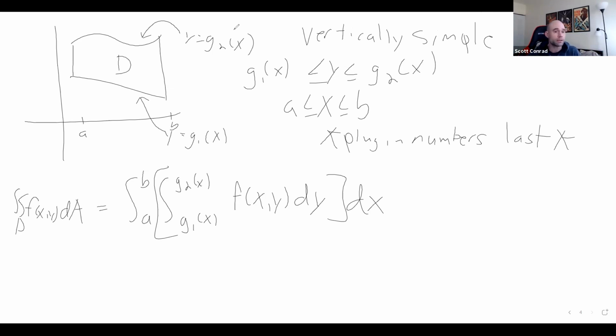So we're going to want to integrate in whatever order will give us plugging in numbers last. So the last integral we want to perform is with respect to the variable bounded by numbers. Does that make sense?